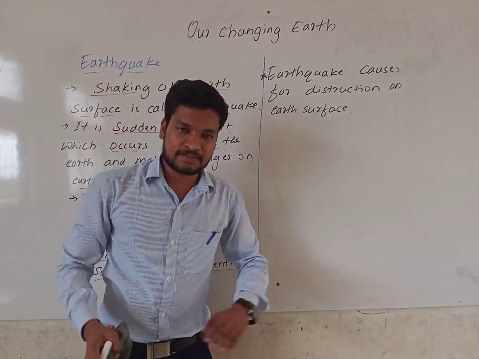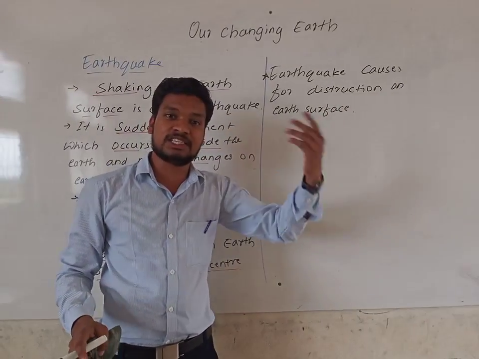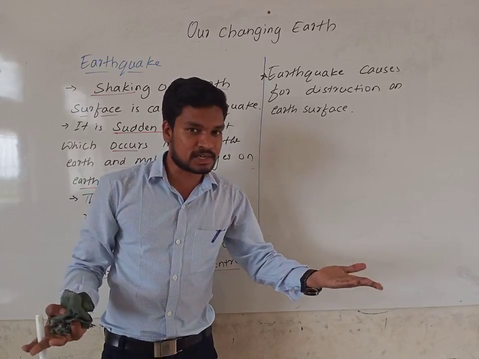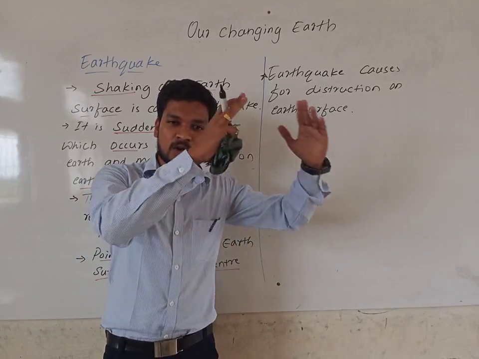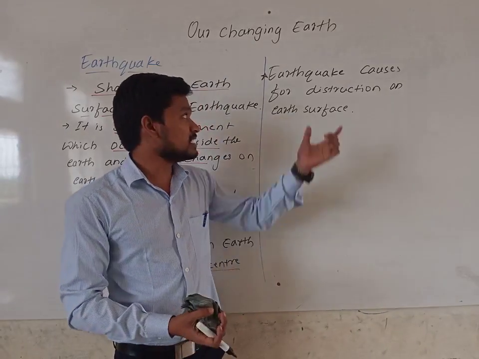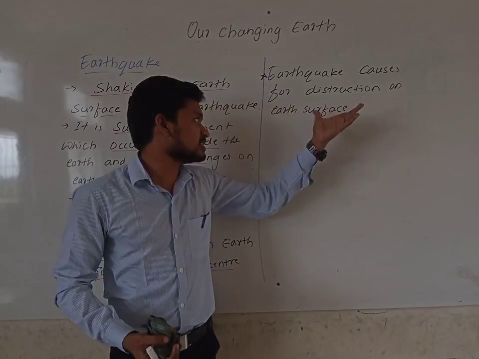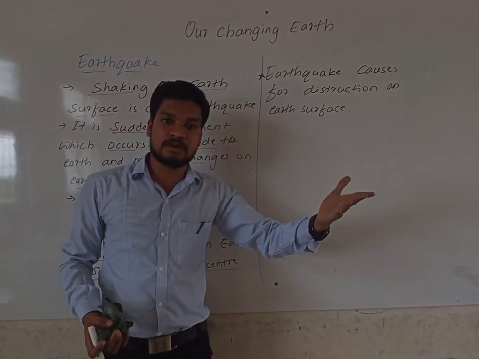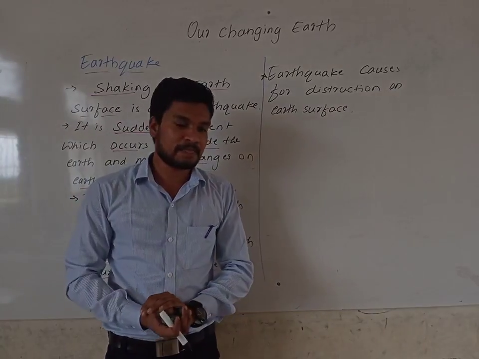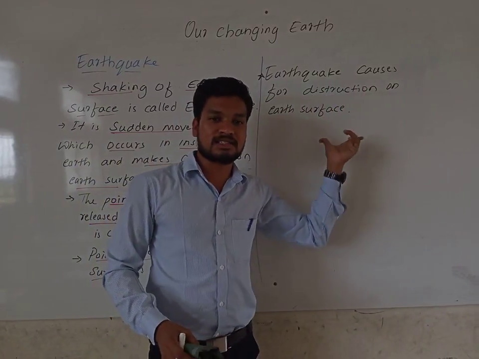It constructs. A volcano constructs the mountains. Construction and destruction. So this earthquake will destroy; it destroys the landforms on the earth surface. It works as destruction on the earth surface.